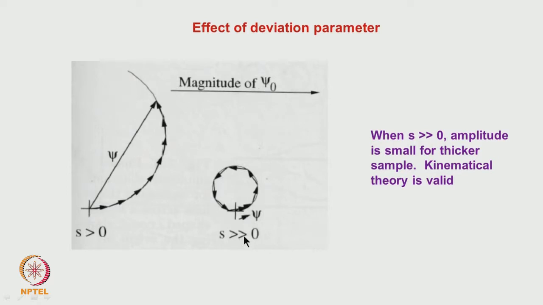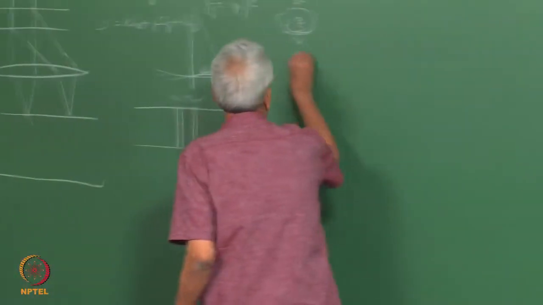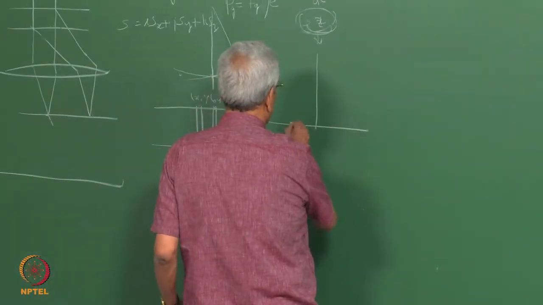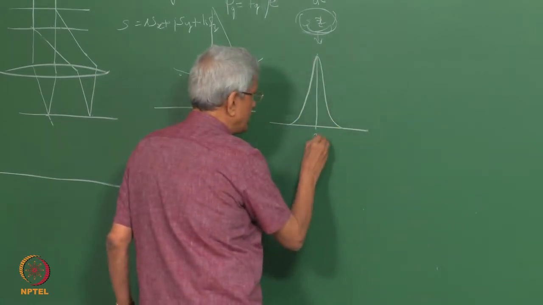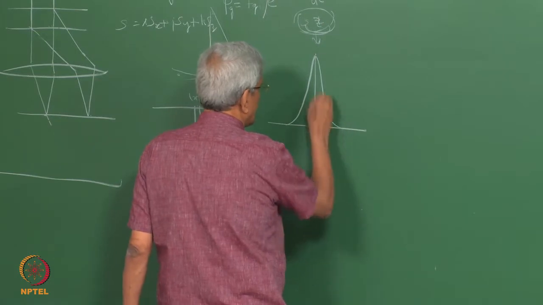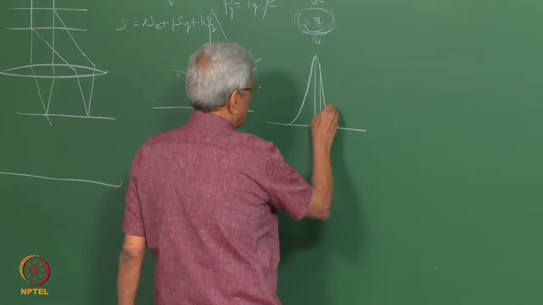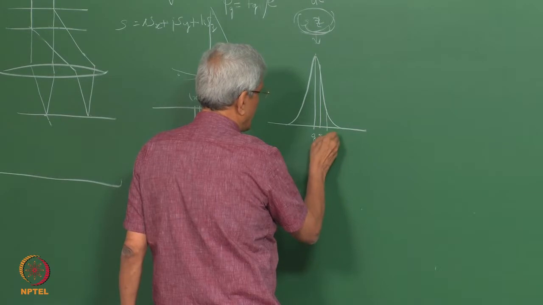Instead, suppose the value of s turns out to be very large. Let us consider two values of s, s1 and s2.